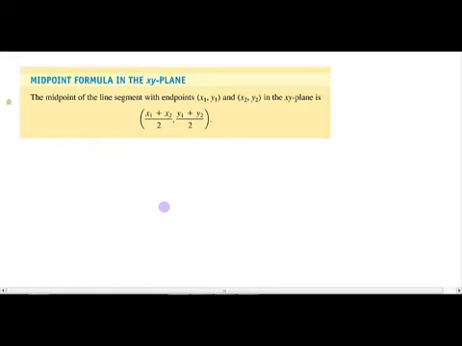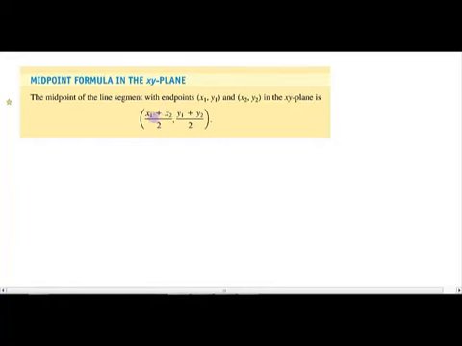The midpoint formula in the xy plane. The midpoint of the line segment with endpoints x1, y1, and x2, y2 in the xy plane is given as x1 plus x2 divided by 2 for our x-coordinate, comma, y1 plus y2 divided by 2 for the y part of the midpoint.